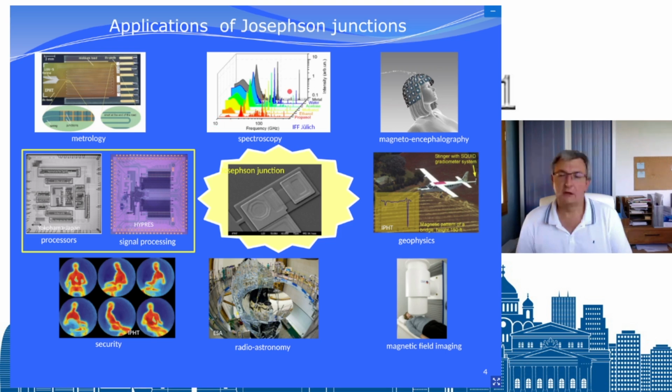They have the disadvantage of needing to be cooled to very low temperature, but they have other advantages in terms of sensitivity, and also it's quite easy to make complex circuits with them. So that's an overview of the applications, and we are going to see a few of them now.